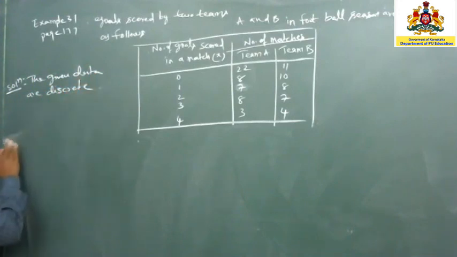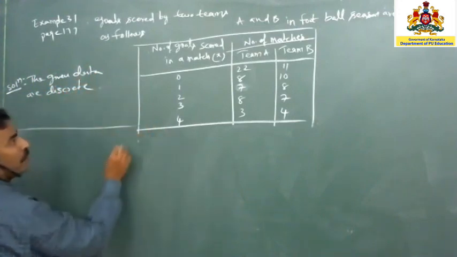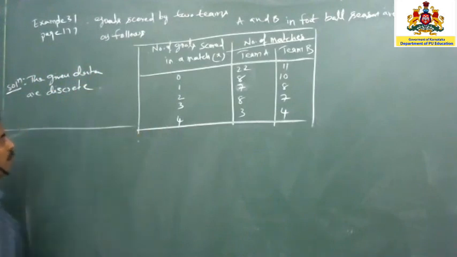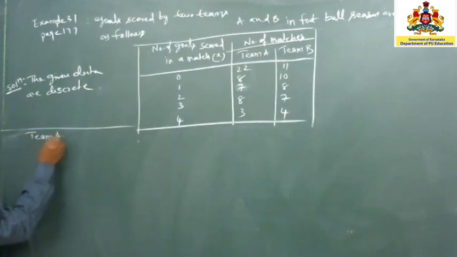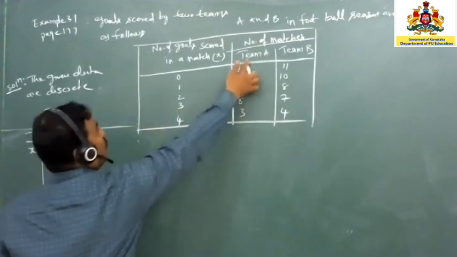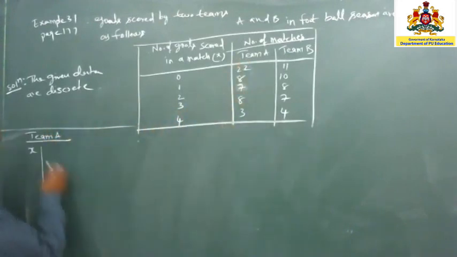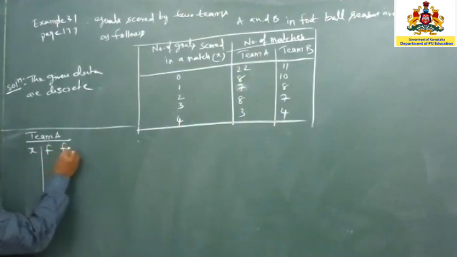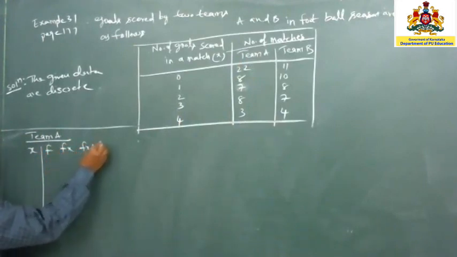First I'll complete the calculation for team A. The given values are x values, then the frequencies for team A, the number of matches, is f. Find fx and fx square.